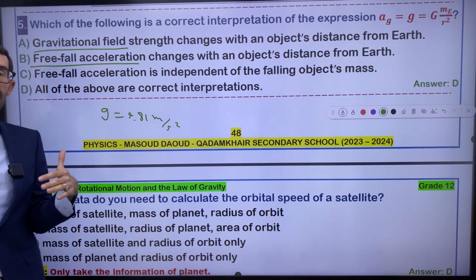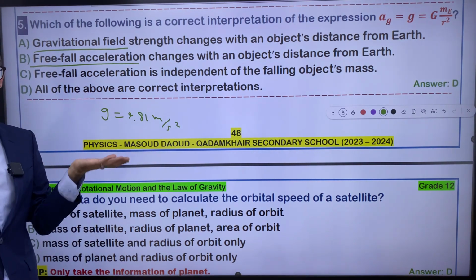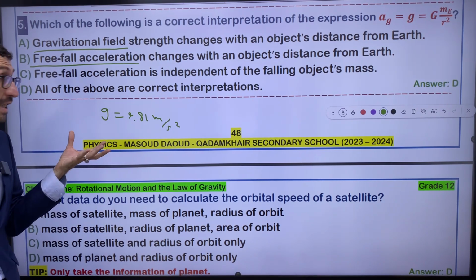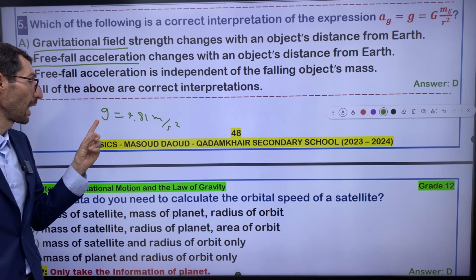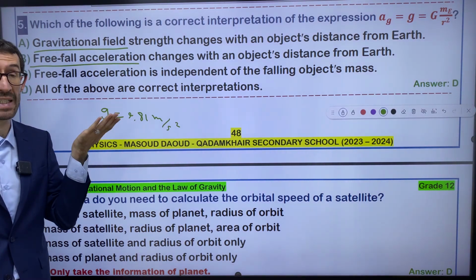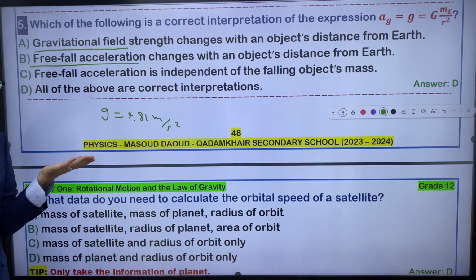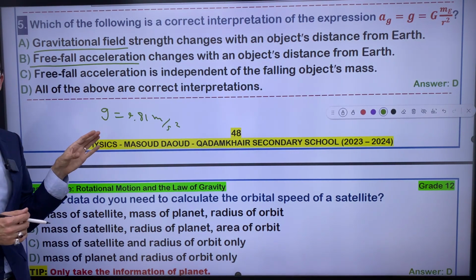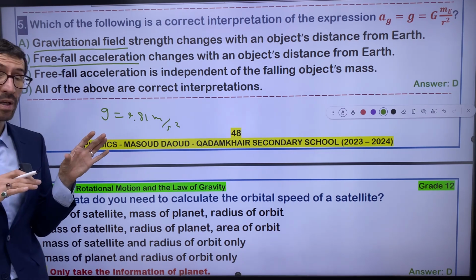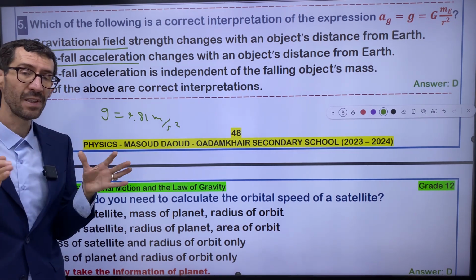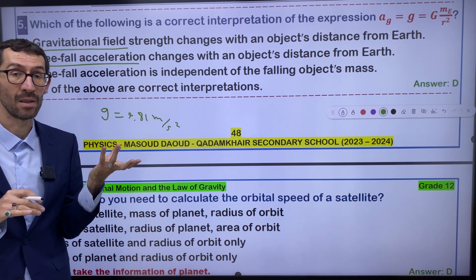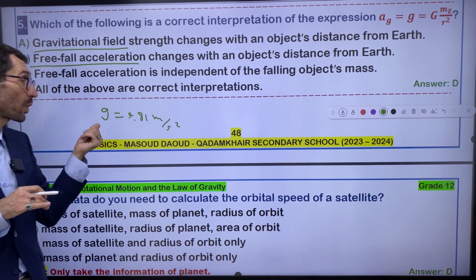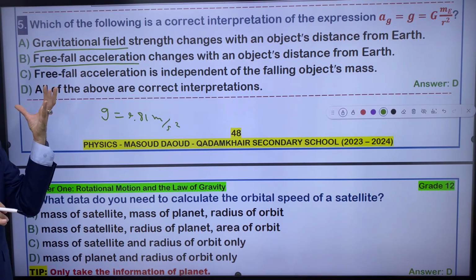But at very distant positions from the surface of Earth, g gradually reduces. g gradually reduces when the object goes up, right? And in some places within the atmosphere, g becomes 8 meters per second squared. That's why g changes with the position.